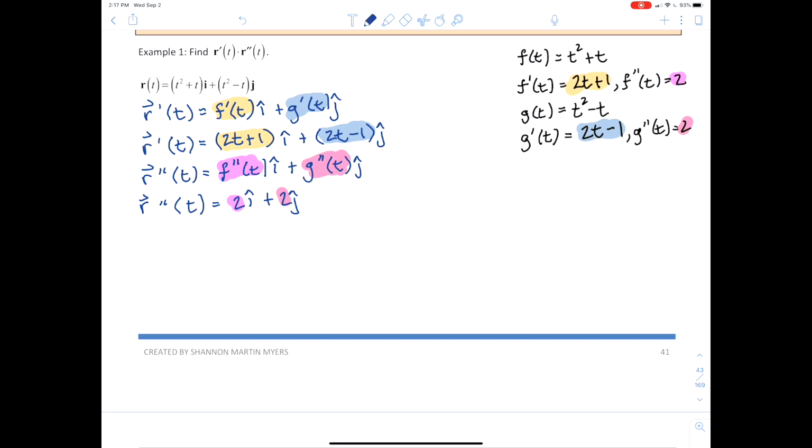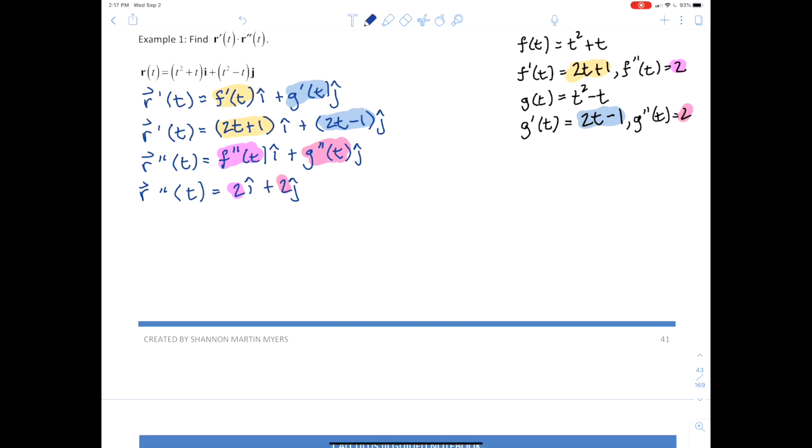Cool. All right. Now we want to do their dot product, right? So r prime at t dot r double prime at t is going to be equal to, well, r prime at t was 2t plus 1 times i, and then plus 2t minus 1 times j, dot 2i, because our double prime was 2i plus 2j.